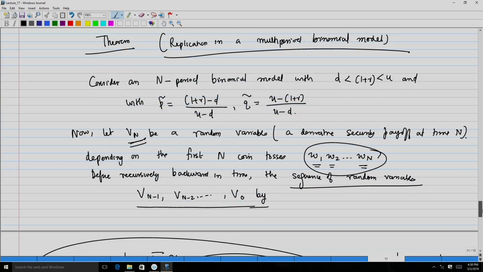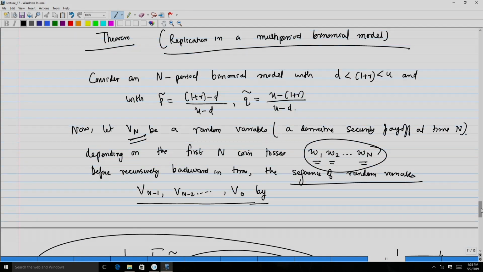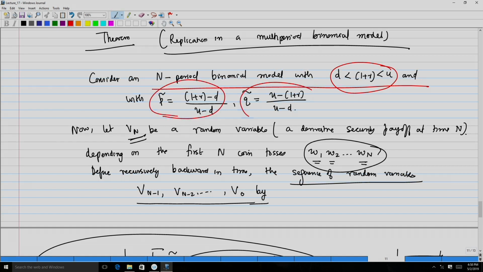So, what it means is the following. Just to see the things in context, consider an n-period binomial model which satisfies this no-arbitrage condition with the following defined risk-neutral probabilities.